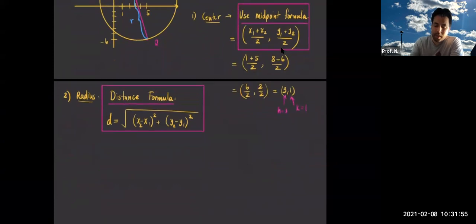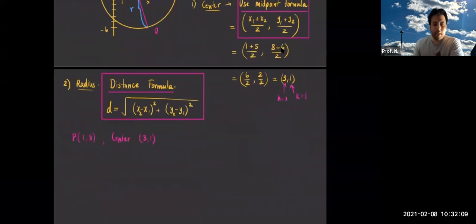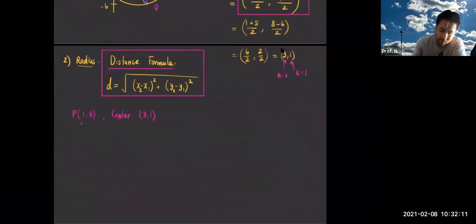So I'm going to use P, and P is 1 comma 8, and I'm going to use the center, which is 3 comma 1. So you can consider this as my x1, y1. This is my x2, y2, and then I'm going to plug it in to the distance formula here.